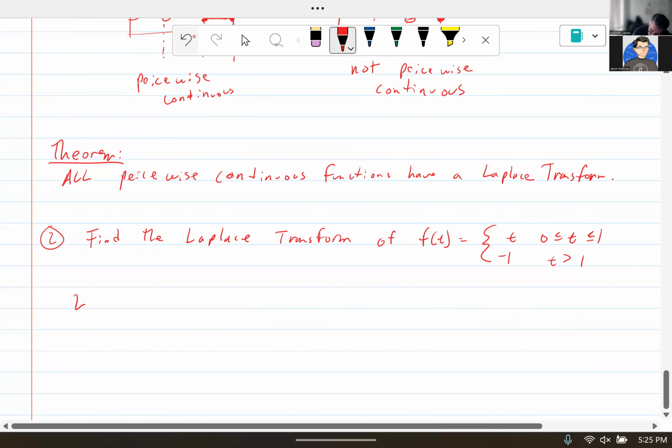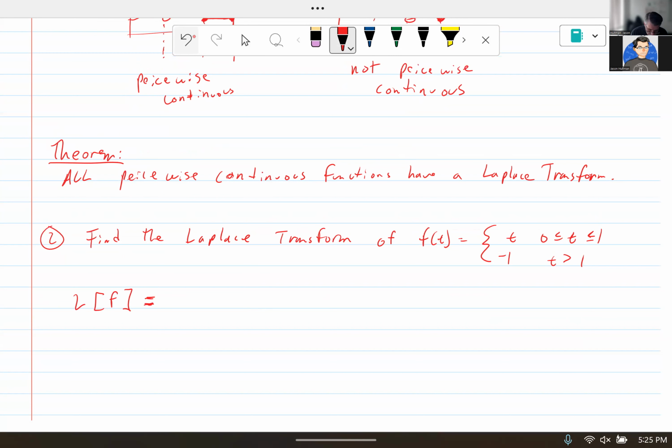Okay, so the Laplace transform of the function is going to be equal to, in this case, it's no longer 0 to infinity for that t value. It's from 0 to 1, which kind of changes things.